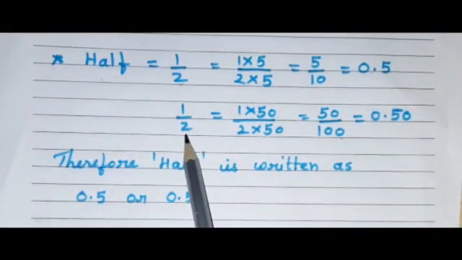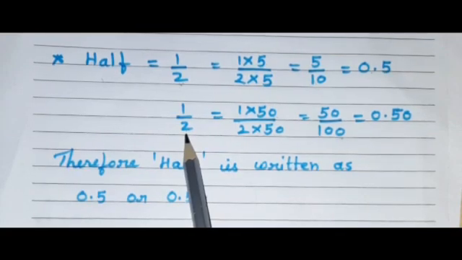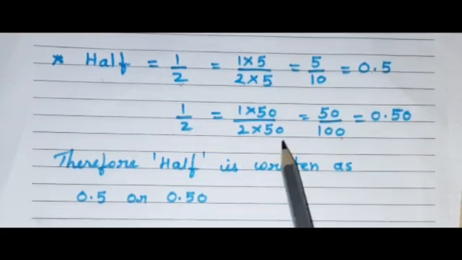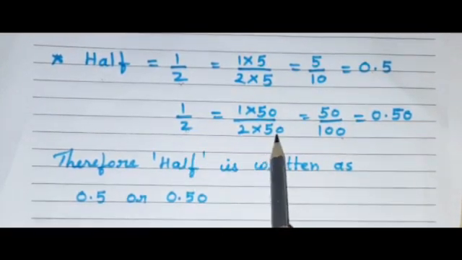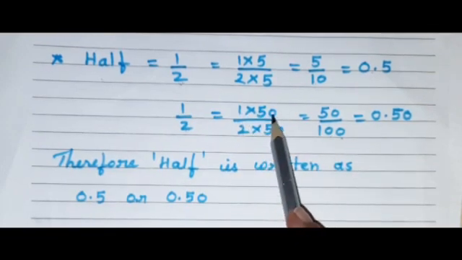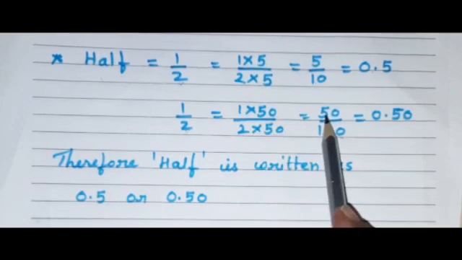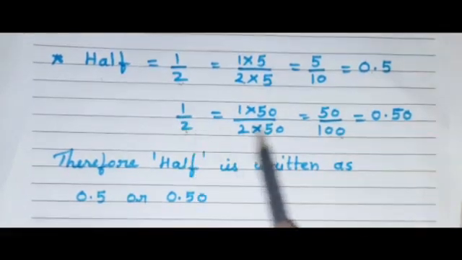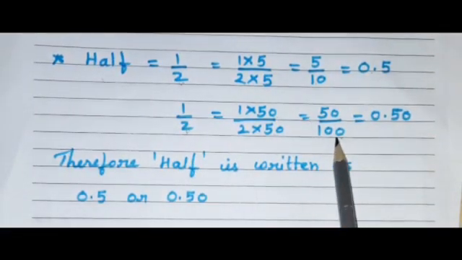We can also convert 1/2 into an equivalent fraction with denominator 100. For denominator 100, 2 is multiplied with 50. 2 multiplied by 50 is 100. So 1 is multiplied with 50. 1 multiplied by 50 is 50. So 1/2 is equal to 50/100.